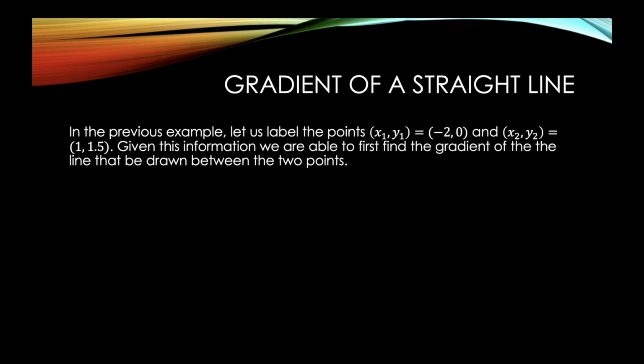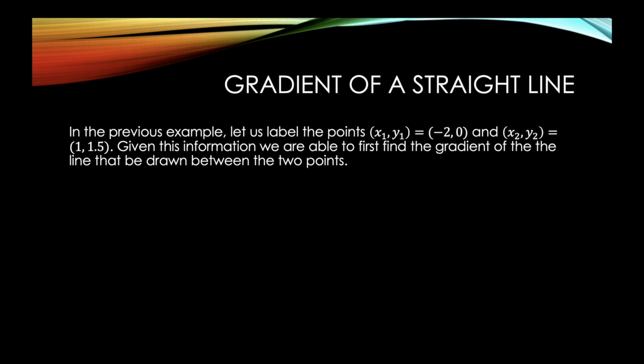Now let us label the point -2, 0 as the coordinates x1, y1, and we refer to that as point 1. And we have the coordinates 1, 1.5 as x2, y2, and that is point 2, say.